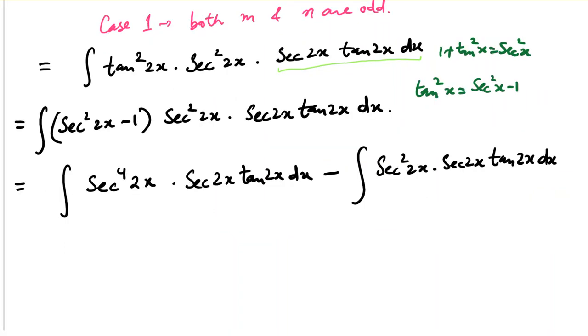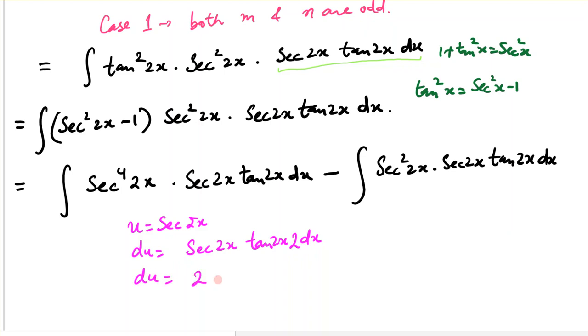So now we notice that if we take u as secant 2x, the differential should be secant 2x tangent 2x, and we needed a 2 here, times 2x dx. So du should be 2 secant 2x tangent 2x dx. So we needed 2 here, so we multiply by 2 and we divide by 2.